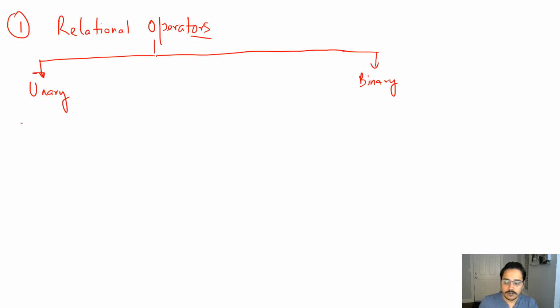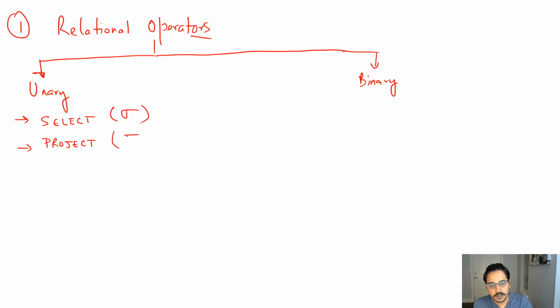So under the unary operators, we have what is known as the select and the project operators. Select is mathematically represented using a sigma, and project is mathematically represented using a pi.